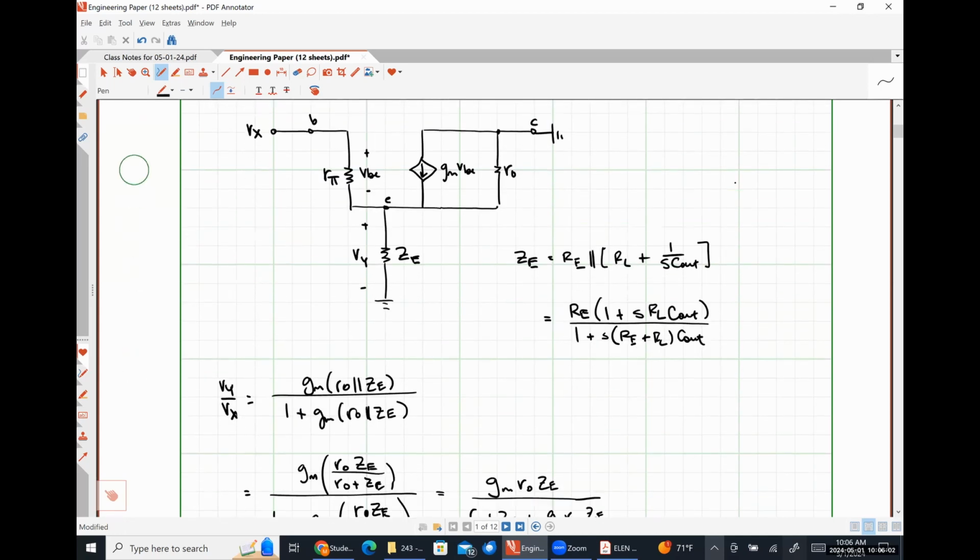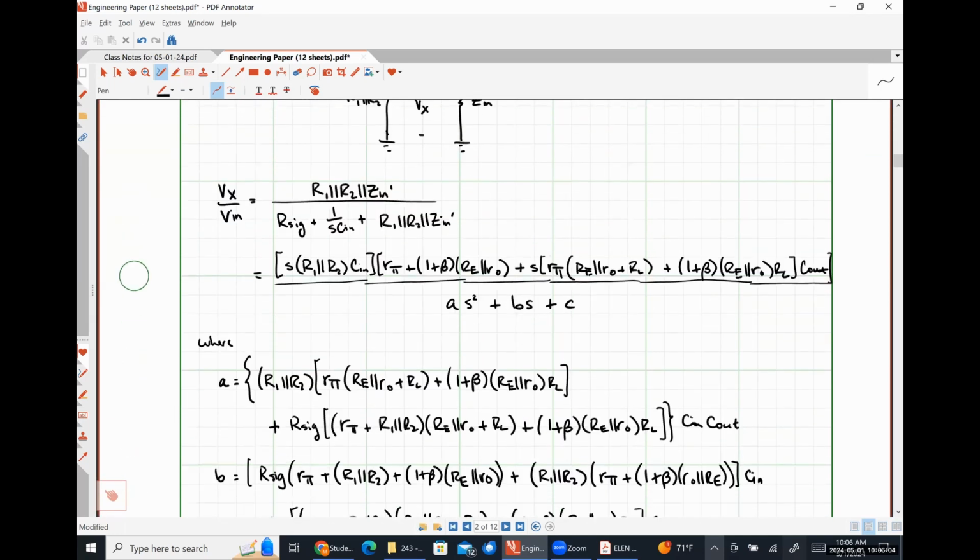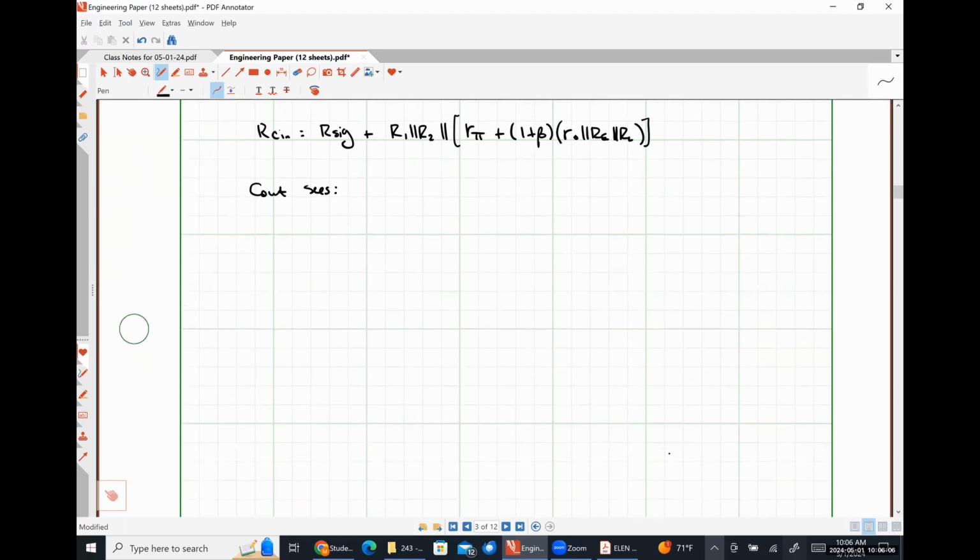So I would express that something like this. This is the resistance that we see looking up into the emitter terminal. Here we have R naught in parallel with RE.